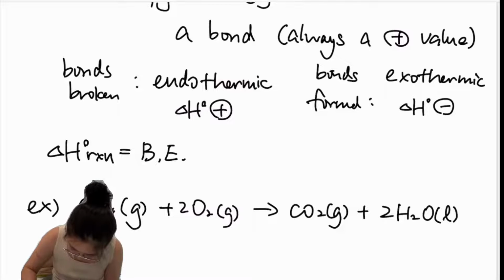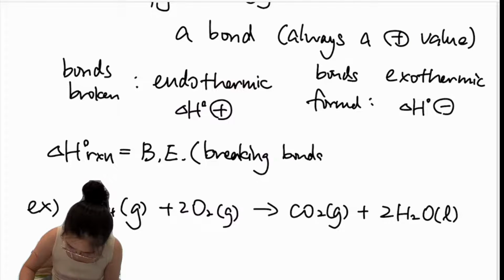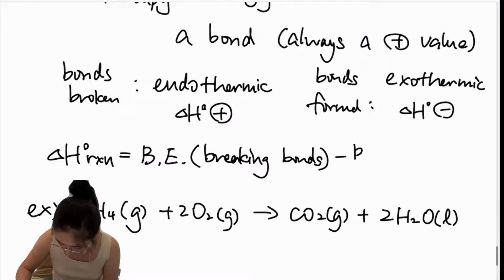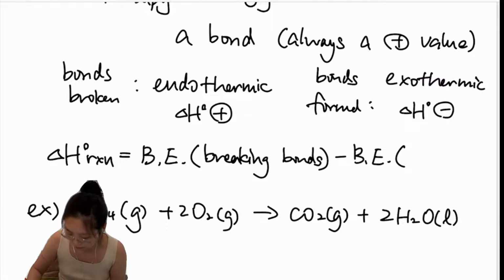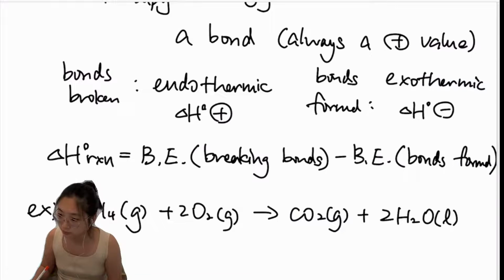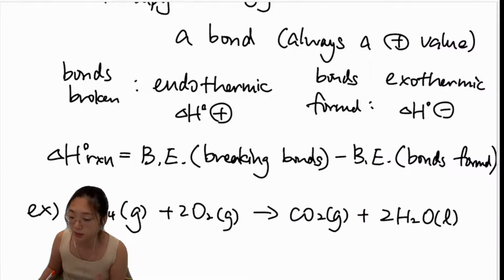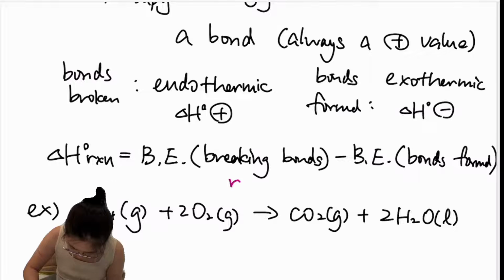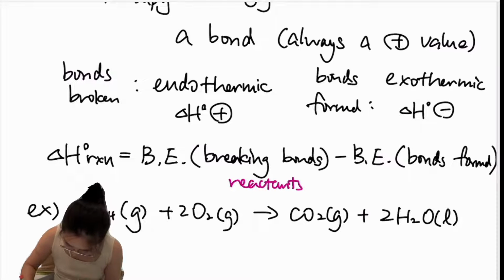So it's the amount of energy needed to break the bonds, minus the amount of energy released from formation of the bonds. And we always break the bonds in the reactants, and the bonds in the products are always formed.